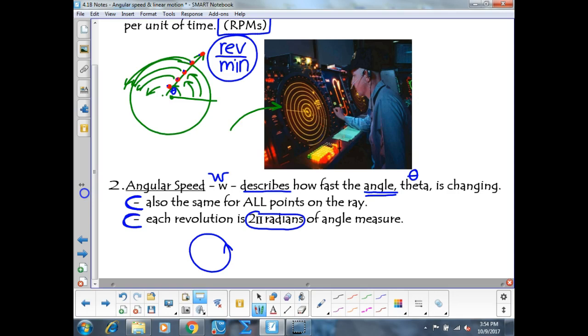That's going to help us keep in mind that one revolution is equal to 2 pi radians. That's a conversion rate we are going to use as we go from one type of speed to another. Every time I go around one revolution, my angle is changing by 2 pi radians.